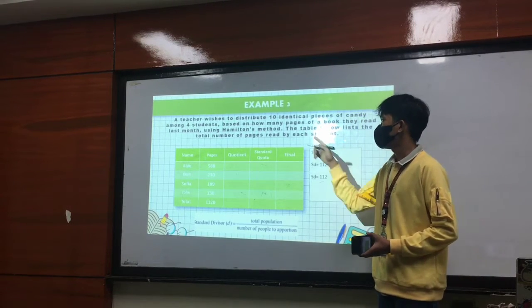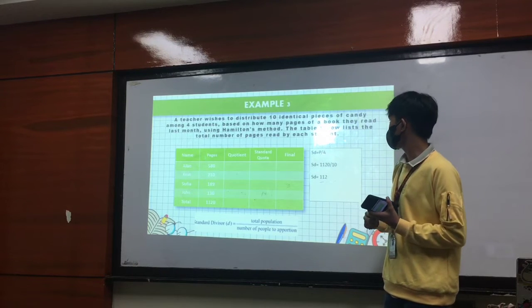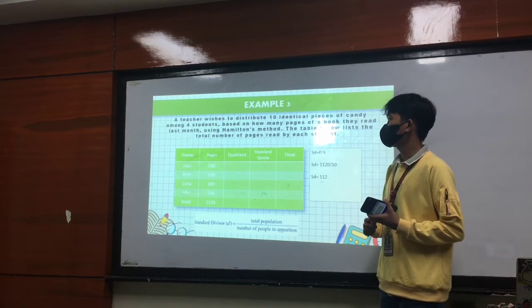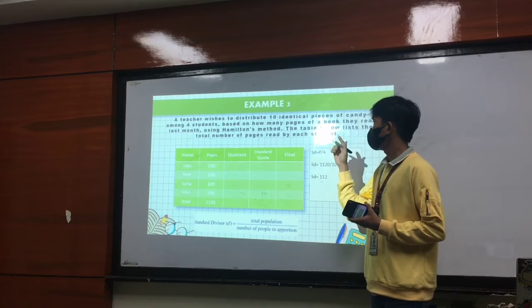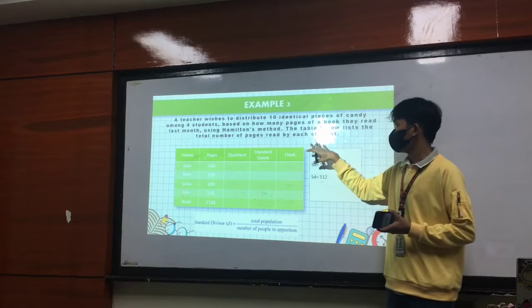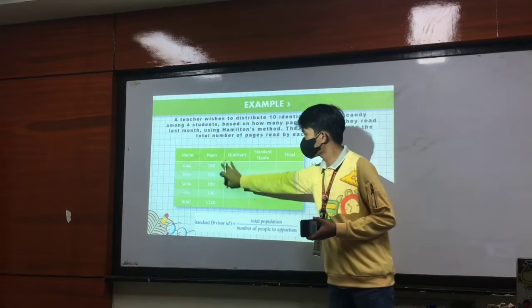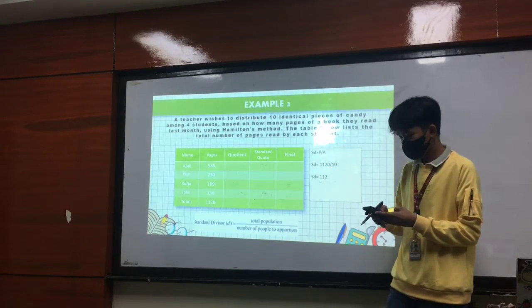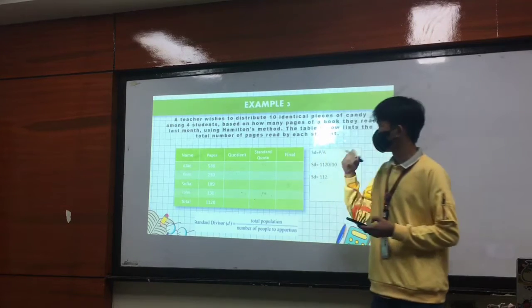4 students based on how many pages of a book they read last month, using Hamilton's method. The table below lists the total number of pages read by each student. So we have here the total pages of each.